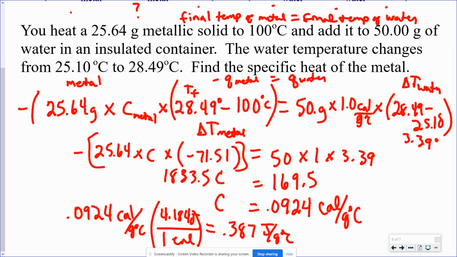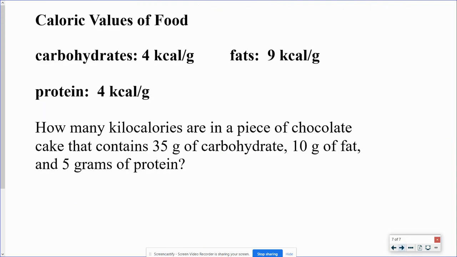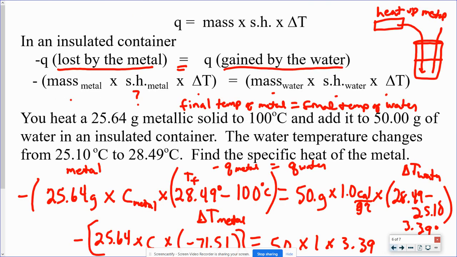Plugging in mass, specific heat, and change in temperature for both of those to get your answer. And you cannot end up with a negative specific heat for a substance. So that's why you have to pay attention to the sign of your change in temperature. And then the one that's losing heat, the metal, overall has a negative sign. Okay, so that's as far as we're going to go today with specific heat.